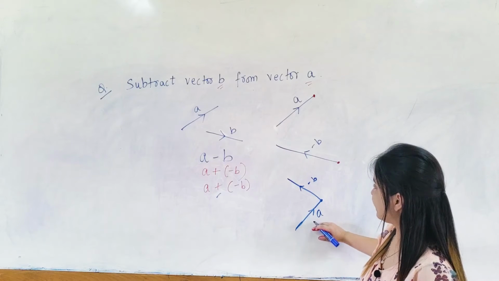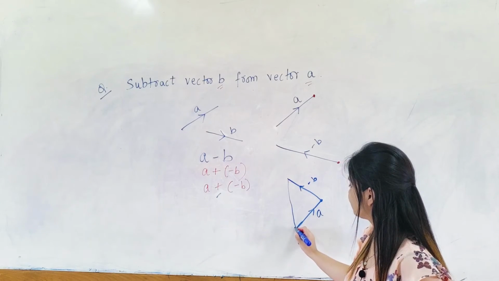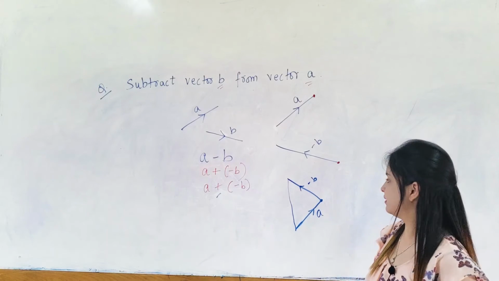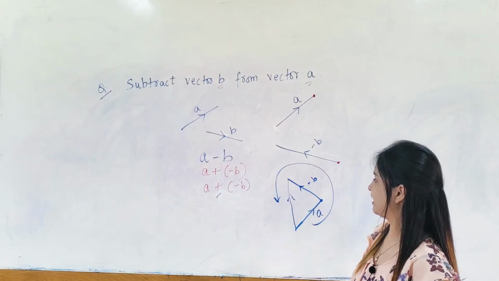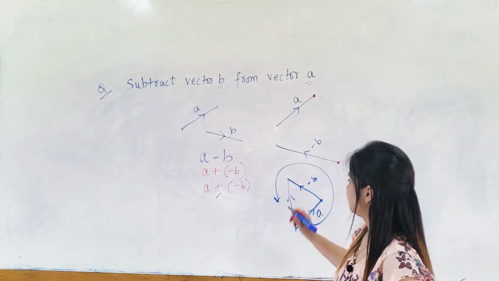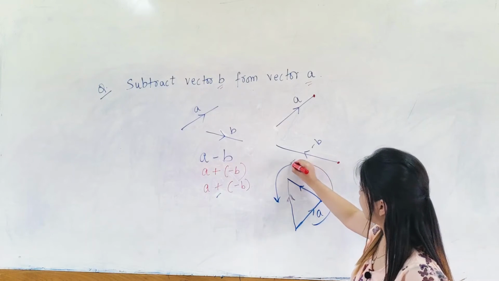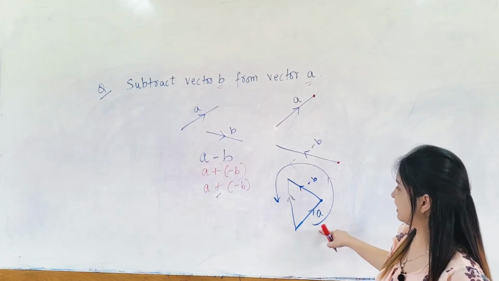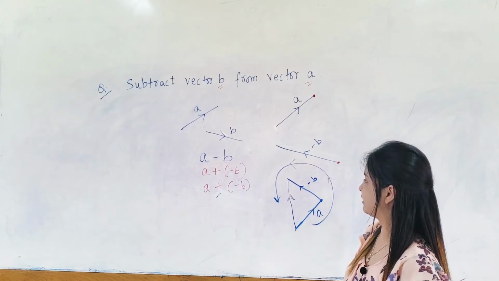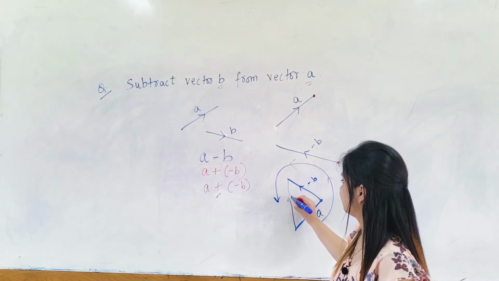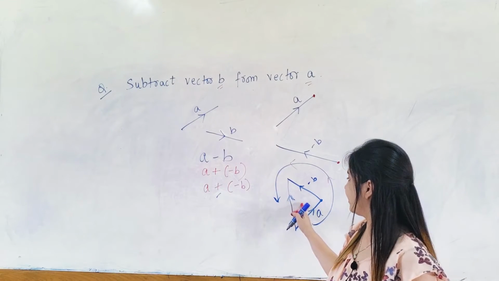Now, this is A, this is minus B. Resultant will always be the third side, going in the opposite direction. So the direction of the resultant vector will be upward. And what will be the value of the resultant vector?